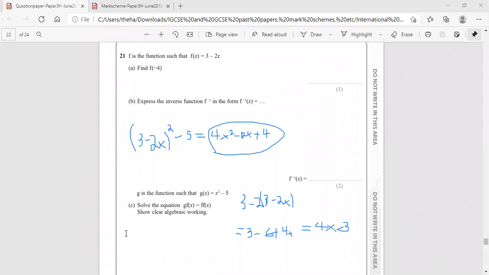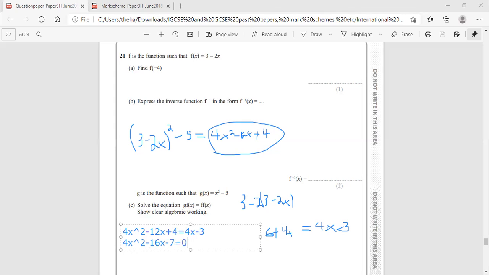So let's now write it out as the equation. So we've got g(f) of x, which is 4x squared minus 12x plus 4, is equal to 4x minus 3. So we're just going to move everything from the right to the left. So we're going to have 4x squared minus 16x minus 7 equals 0.